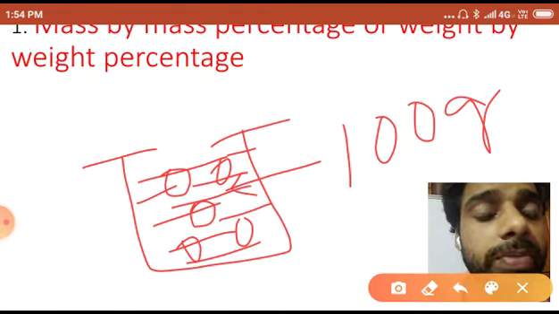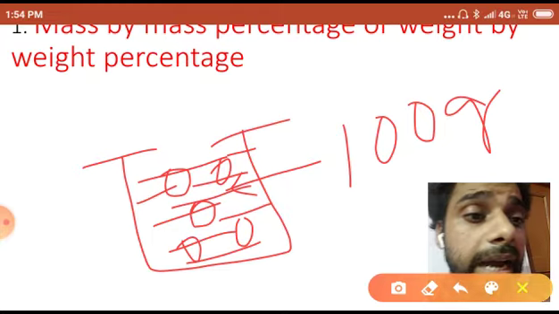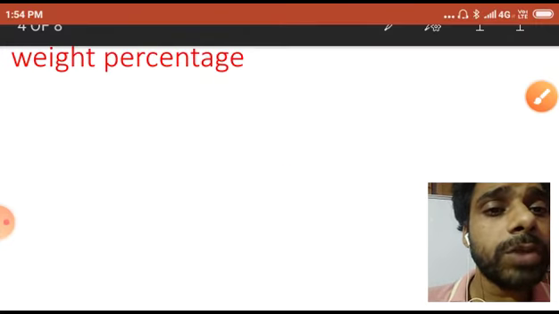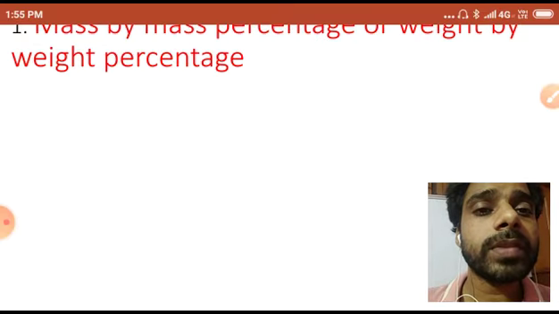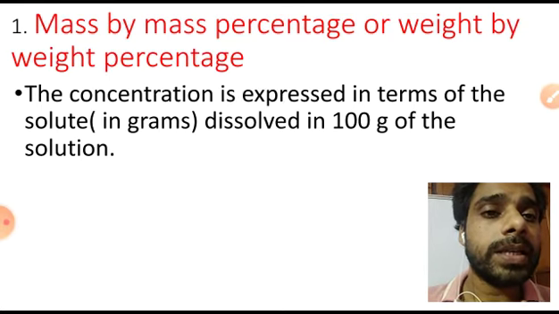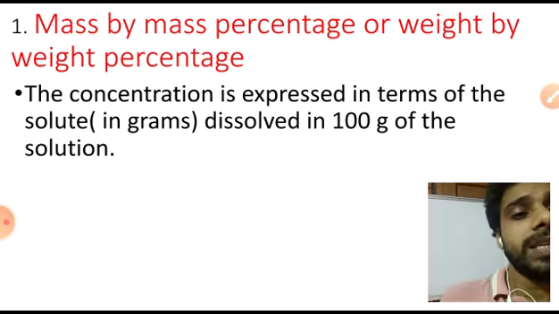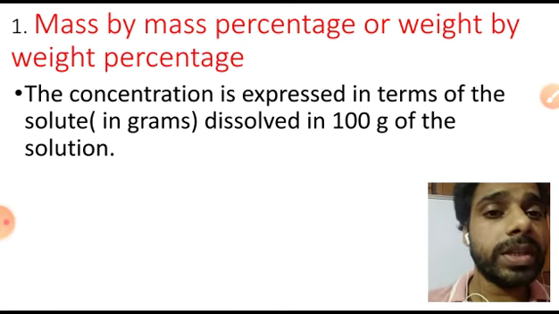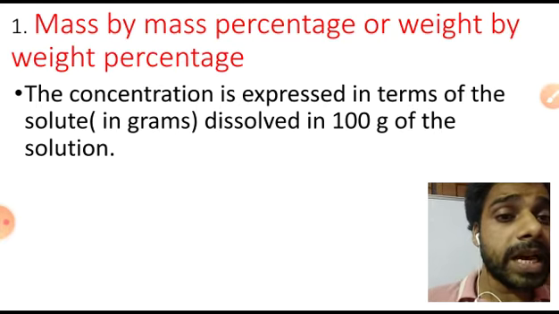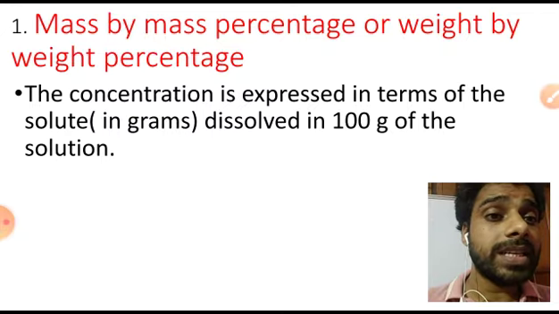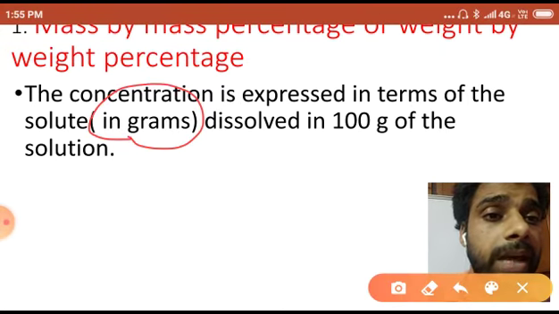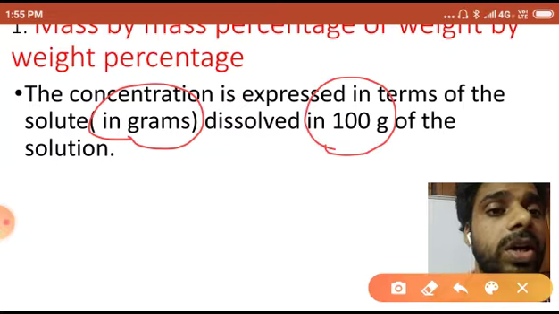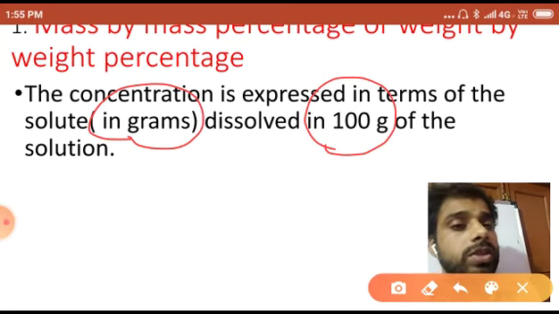How much NaCl will I add? Obviously 10 gram. The concentration is expressed in terms of solute. In mass by mass percentage, the concentration of solute is expressed in gram, dissolved in 100 gram of the solution.